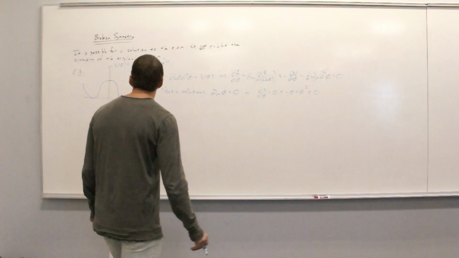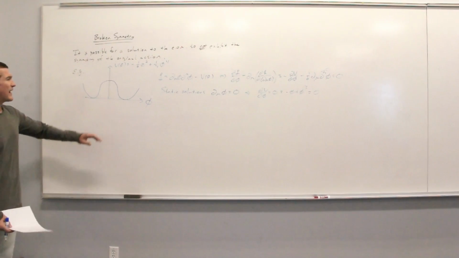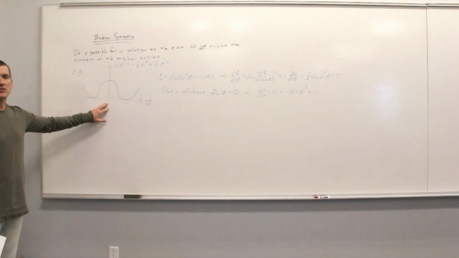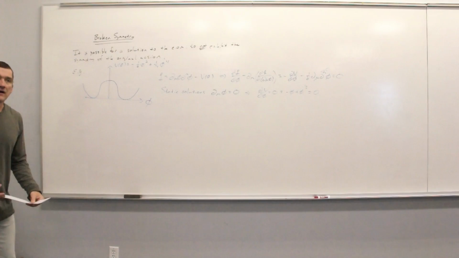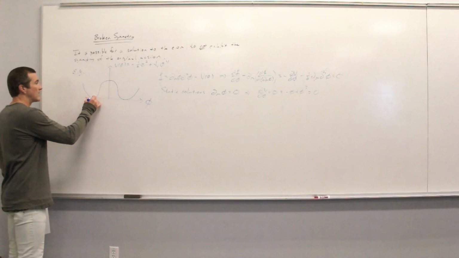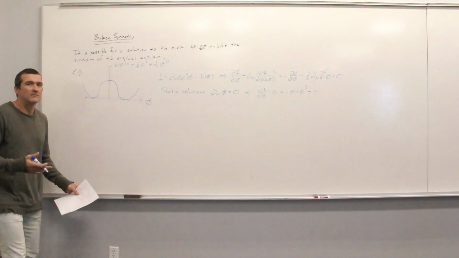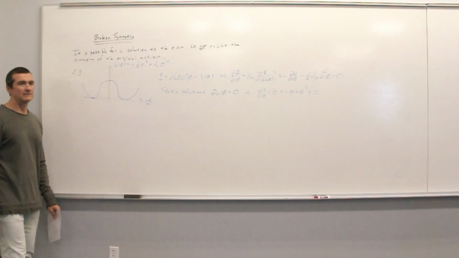Now, I didn't actually need to do that. I could have asked you, what are the 3 static solutions with this being the potential, and you could have pointed to them, right? Where are they? Yeah, there's one here, there's one there, and there's one there. How do you know that? If you start here and you have no initial motion, you'll sit there happily.